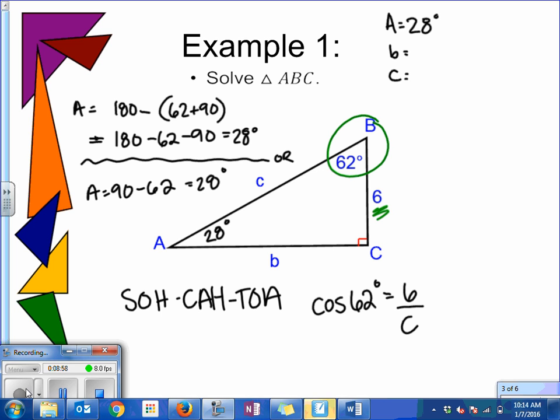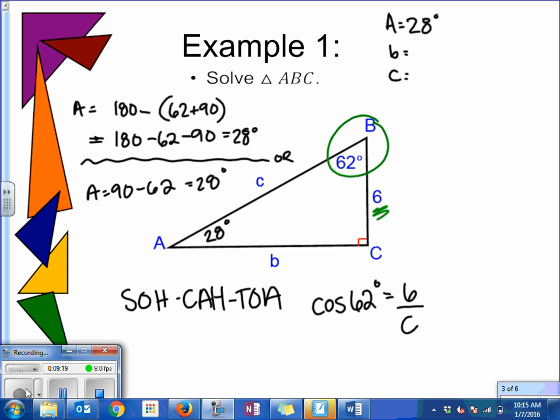Okay, so let me kind of back it up. So Sierra remembers using SOHCAHTOA, you're going to use the side that you know, which is side 6, and you have to go to one of the angles, and from that angle, 62 or B that Cole chose for us, we should label the sides appropriately, like opposite, adjacent, hypotenuse.